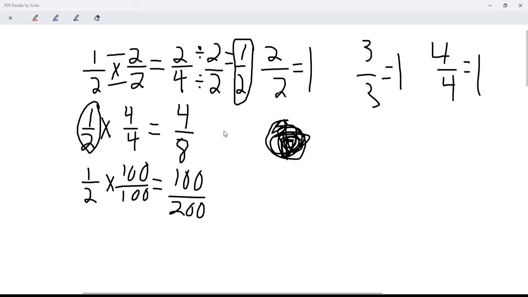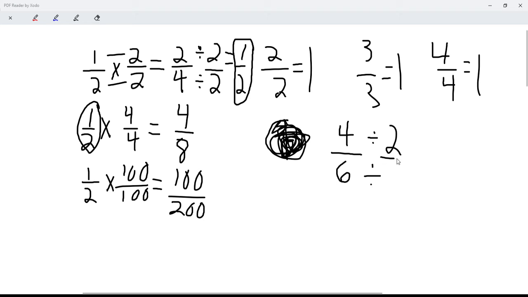So, really, the way reducing works, the most important thing is you need to find a common factor that is not 1. You need to find a number that multiplies to both of them. The easiest way to think about it is if I have 2 even numbers, that automatically means I can reduce by 2.